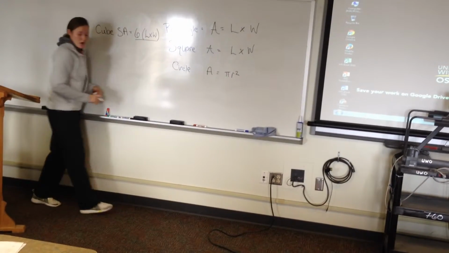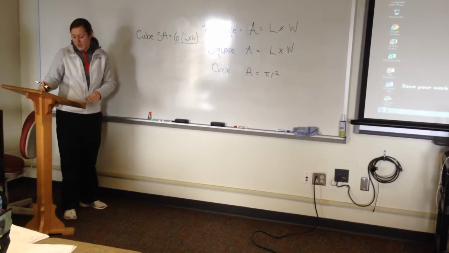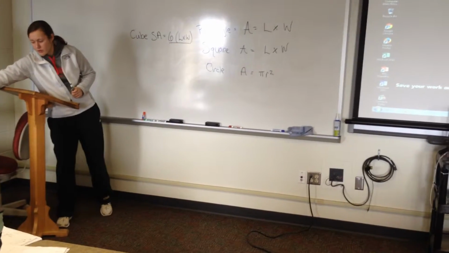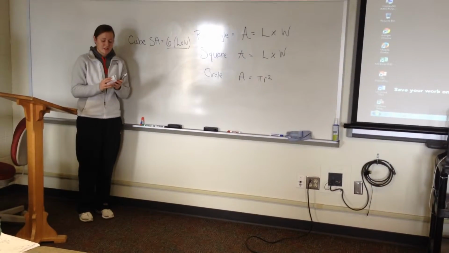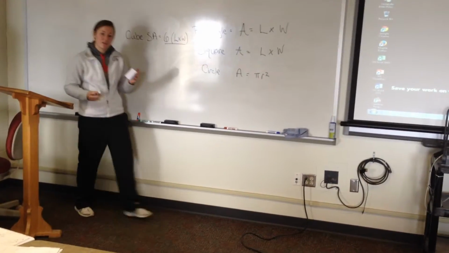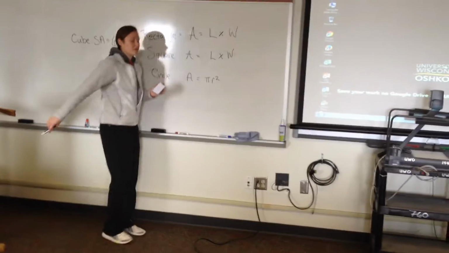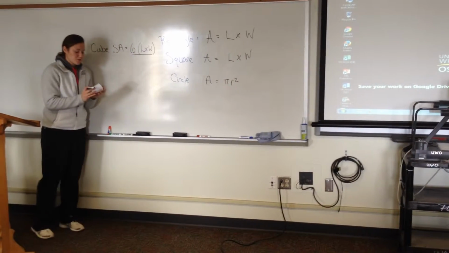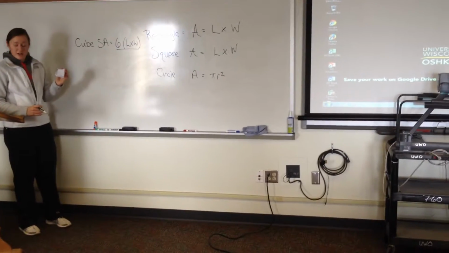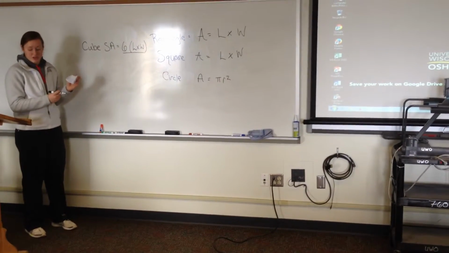Alright, now we're going to find the surface area formula for a rectangular prism. We know the rectangle's area is length times width. But with this one, not all the sides are the same, so we're going to have to find a different way to approach this.